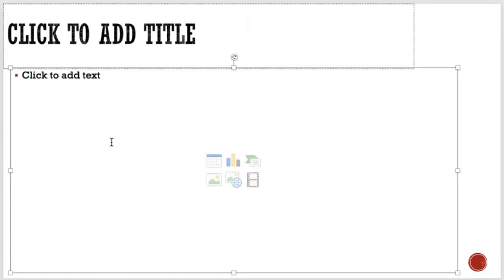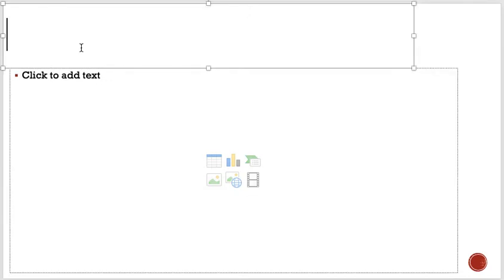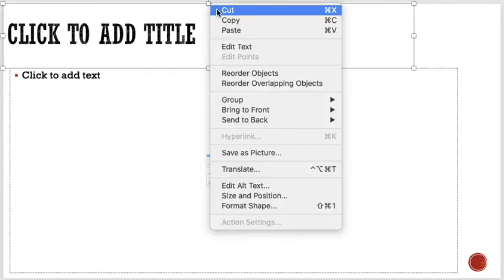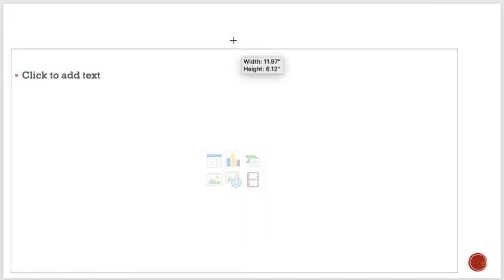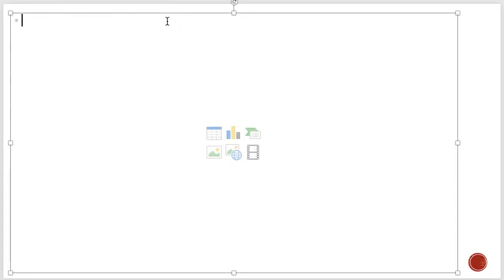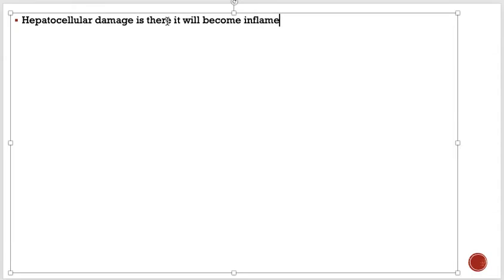Whenever hepatocellular damage is there, AST and ALT spill out. We already know this. A very easy way to make you understand: liver cells, or hepatocytes, whenever there is liver cell damage, they become inflamed and the cells become leaky.